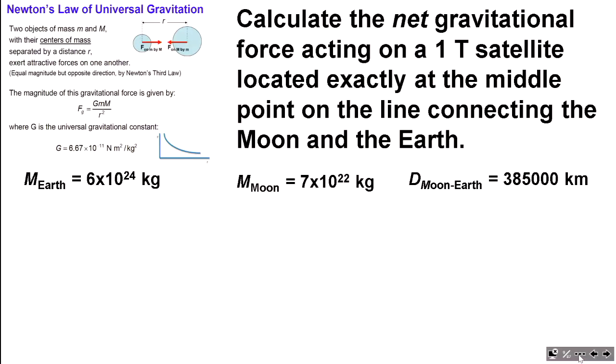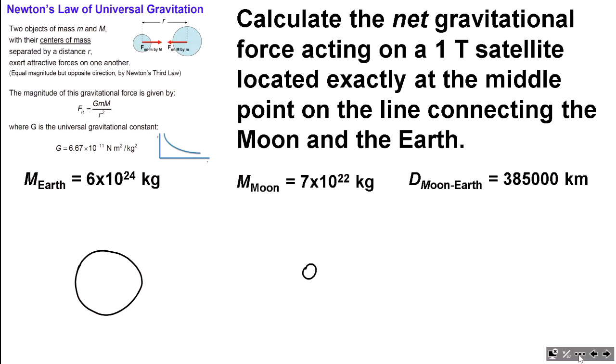So, the next typical situation is when we have several objects interacting. In this case, we launched a satellite from the Earth to the Moon. Of course, in reality, it doesn't travel just straight from the Earth to the Moon.